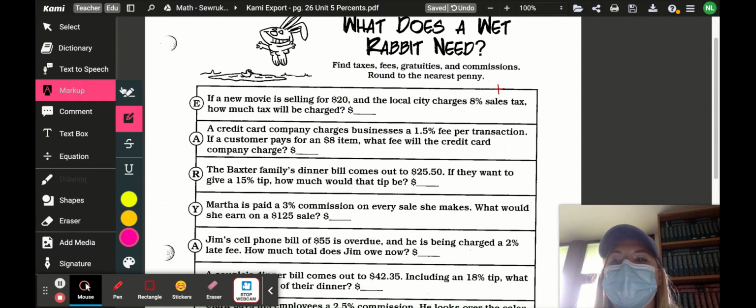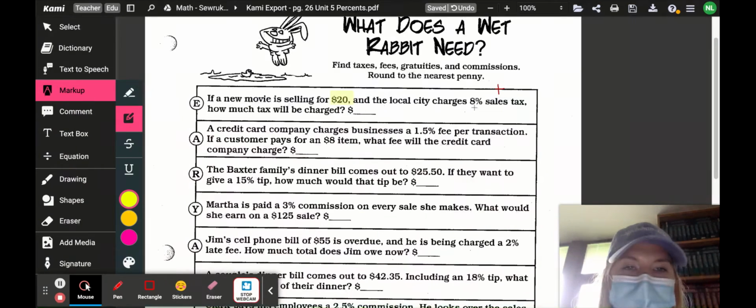You are going to see a movie, it costs $20, but you have to pay an 8% sales tax.